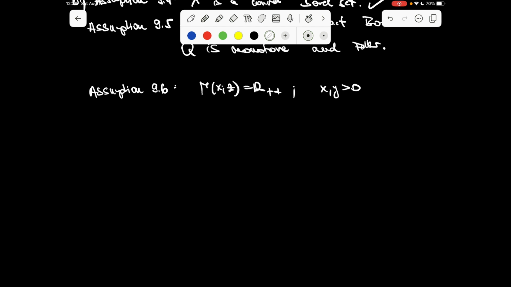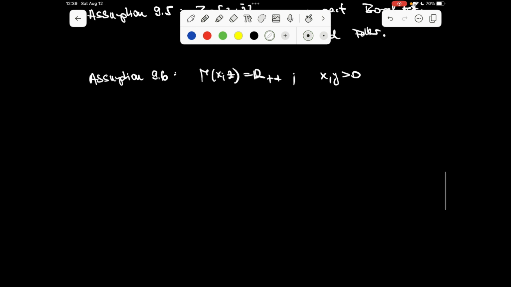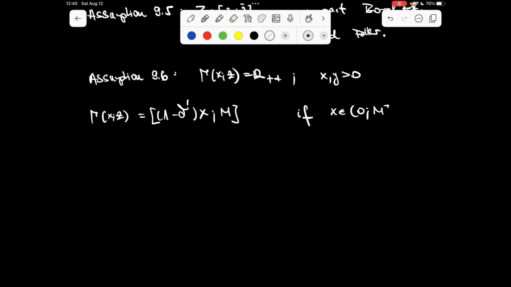So here we need to do something about the compactness of correspondence gamma. The textbook offers a way out, because in the present form this correspondence is not compact. So instead of using the previous form, let's use one of these forms.